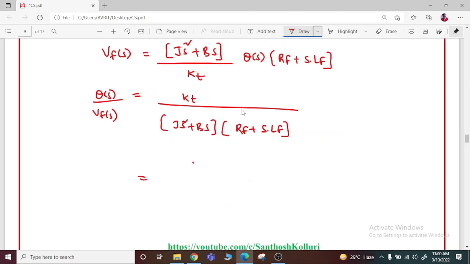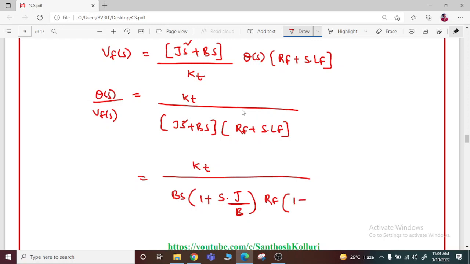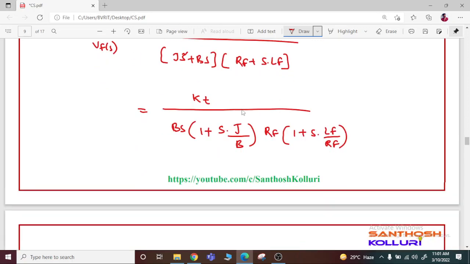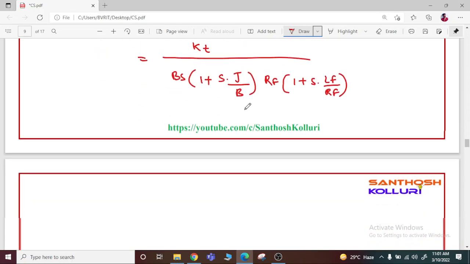So from this, I can take Bs as common, so it will be 1 plus s into J by B, and here I am taking Rf as common. This will be 1 plus s into Lf by Rf. So this is the transfer function. So I can replace with time constants.